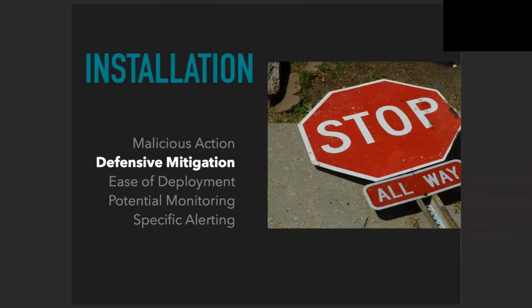Things that you can do for defensive mitigation for tunneling, FTP, stuff like that: application whitelisting, egress filtering, anomaly detection. You should know what devices are allowed to perform those external DNS queries and what your normal DNS traffic looks like.